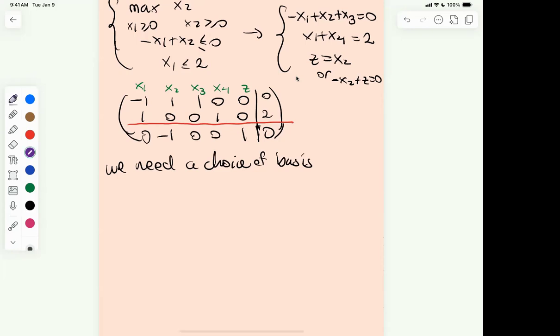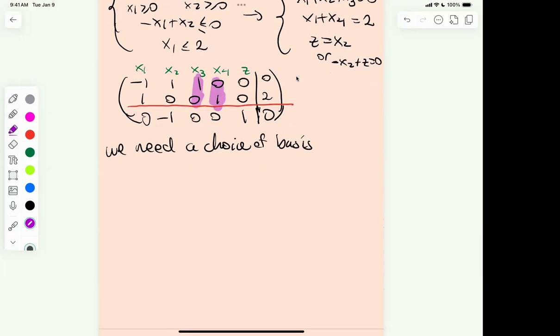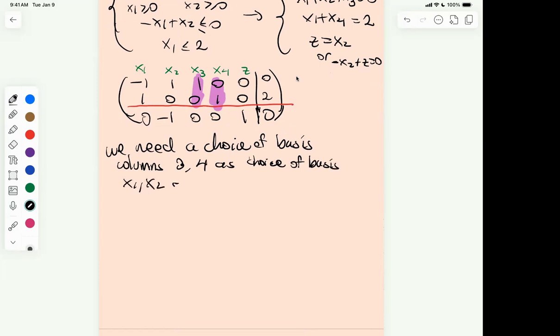Here you could have chosen columns 3 and 4 as the basic variables, as the choice of basis, which means that x1 and x2 are non-basic variables.